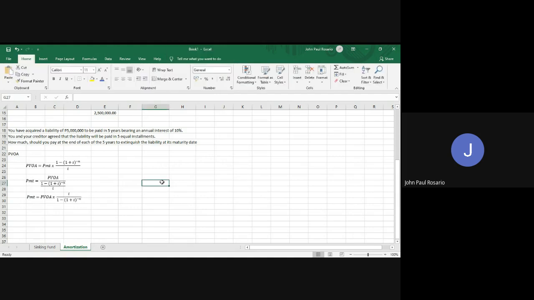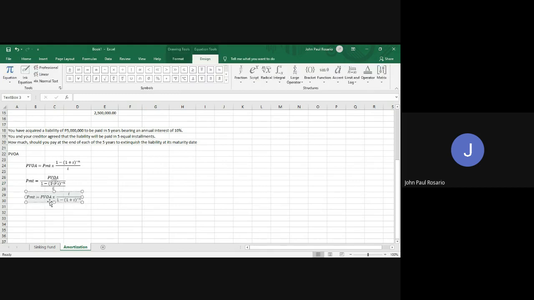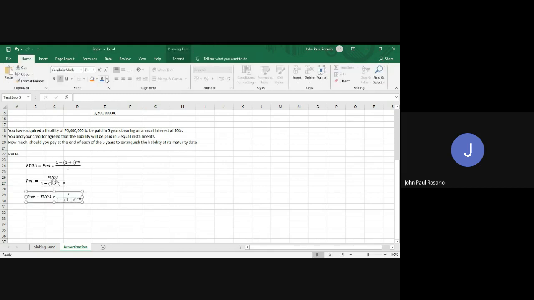Now, what will happen if the problem involves annuity due? Using the same equation, it now becomes present value of annuity due.